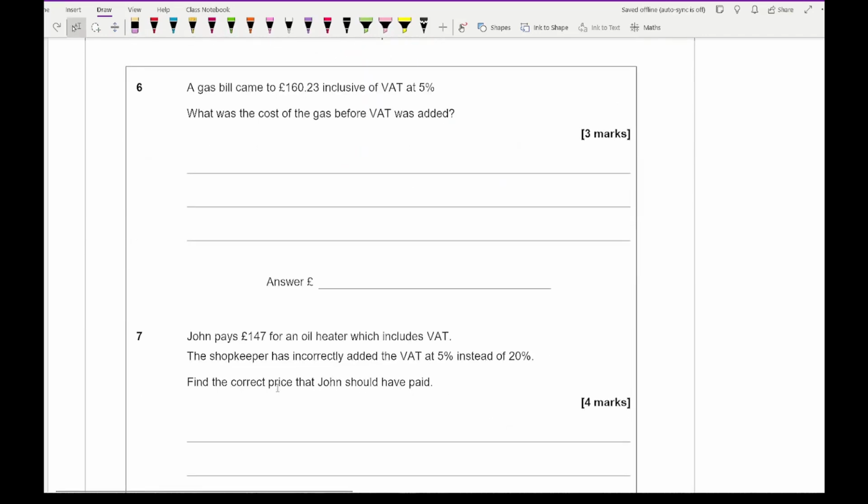Moving on to question 6, it says that a gas bill came to £160.23 inclusive of VAT at 5%. What is the cost of the gas before VAT was added? So again, from old to new, there we got it right this time. We're going for multiplying at 5% increase, so that's going to be times 1.05, and the new bill was £160.23.